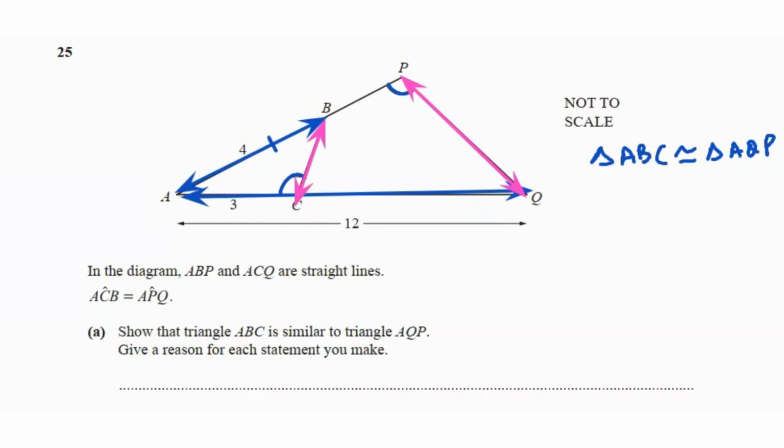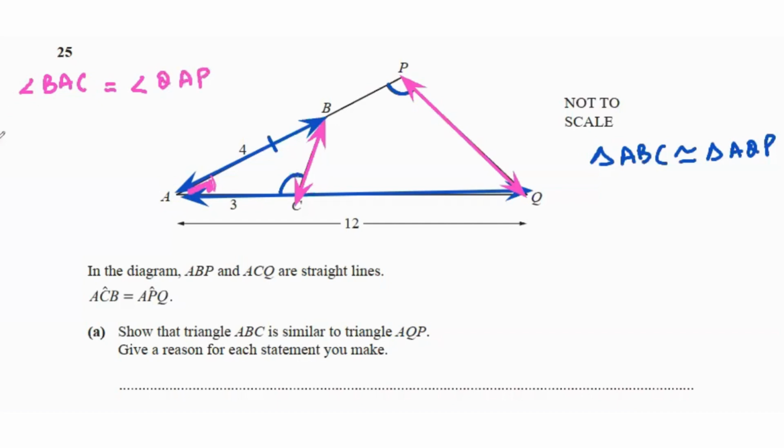We have a common angle as well. This is the common angle that we share. So let's start with that. Angle BAC is the same as angle QAP.